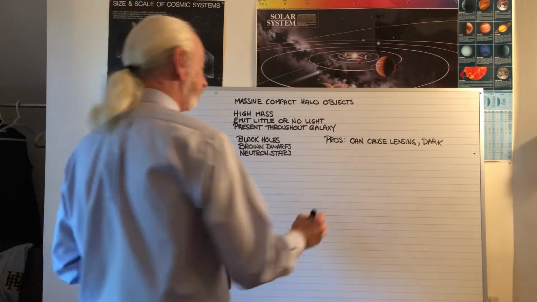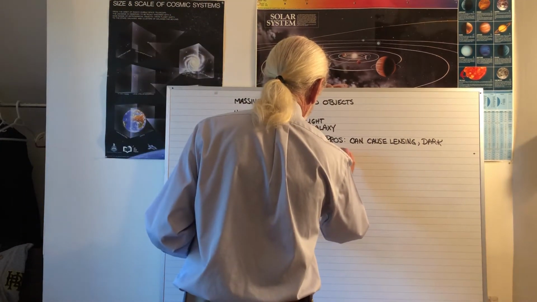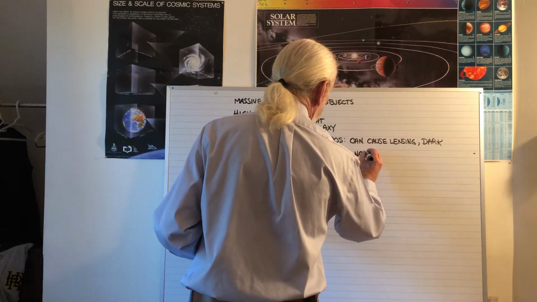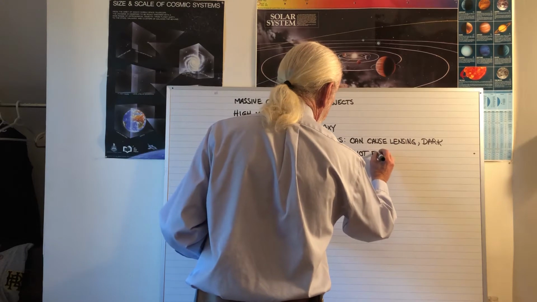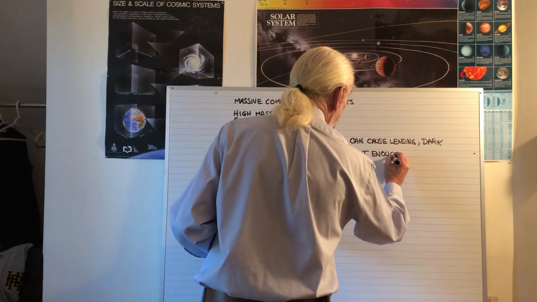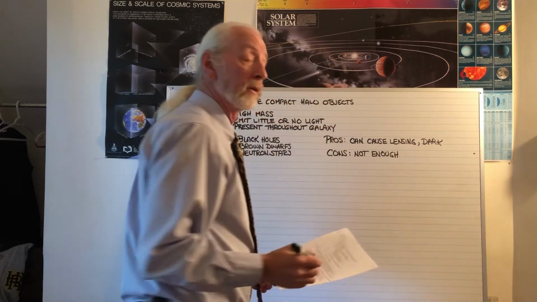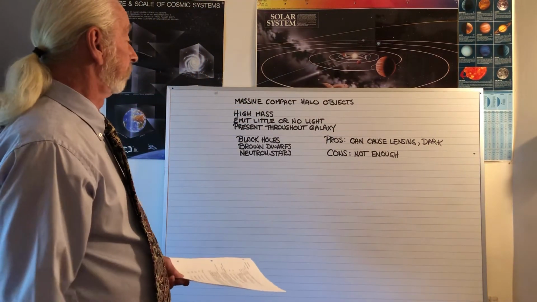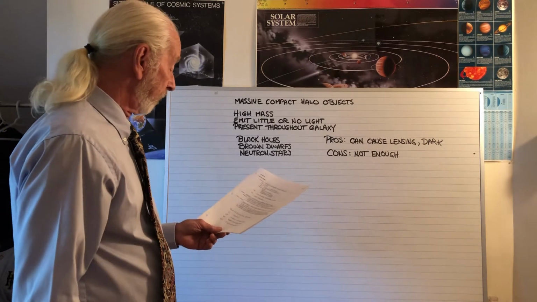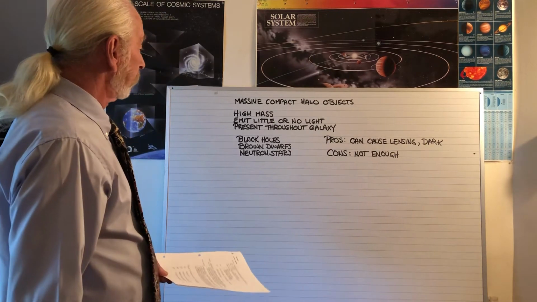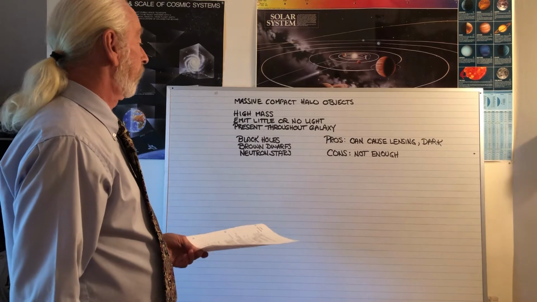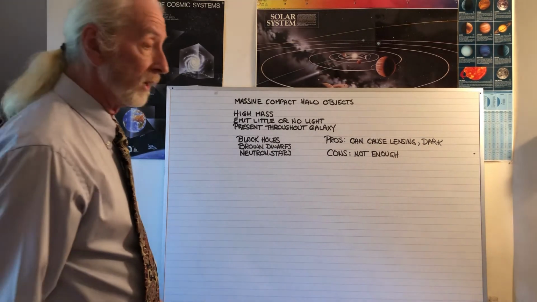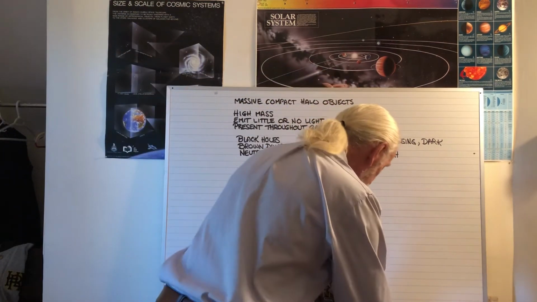Cons, which pretty much threw them out of the running. There just ain't enough of them. Yeah, that's it. Just not enough of them to account for it. Okay. So we looked at MACHOs, massive compact halo objects. Nope, doesn't work. Not enough. Okay, so then we looked at WIMPs.